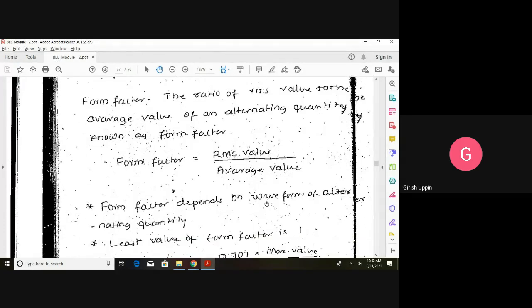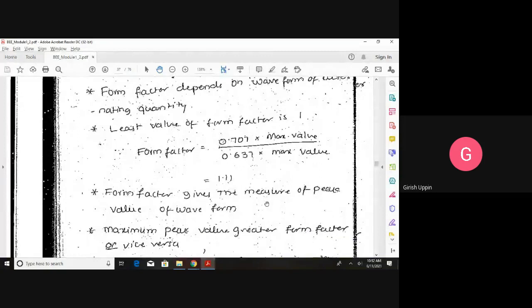So if we substitute that, this is RMS value 0.707 into max value divided by 0.637 into max value. We get it as 1.11. So form factor for a sinusoidal waveform is always 1.11, irrespective of what the peak value is or what the time period of the sinusoidal waveform is.